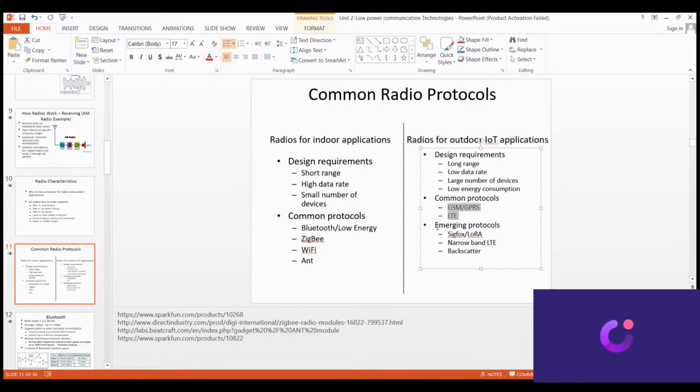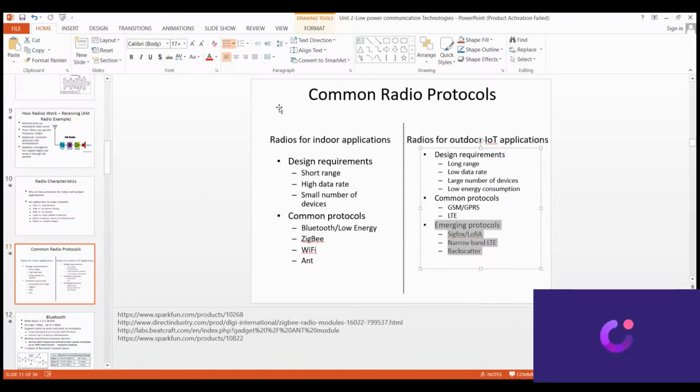Then we also have emerging protocols: Sigfox, LoRa, long range network, then narrowband LTE, and then we also have what we call backscatter. These are emerging, still coming up for use in long range IoT application.